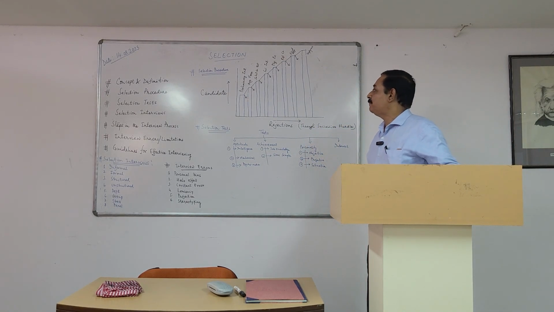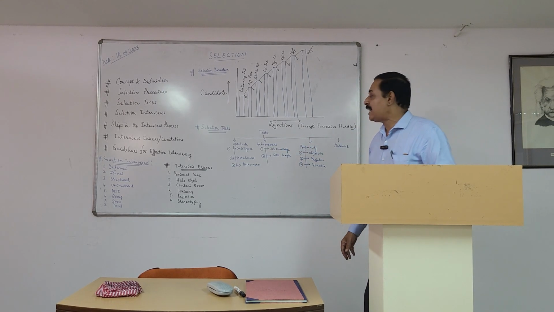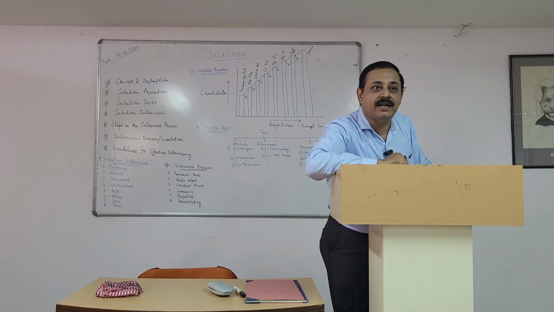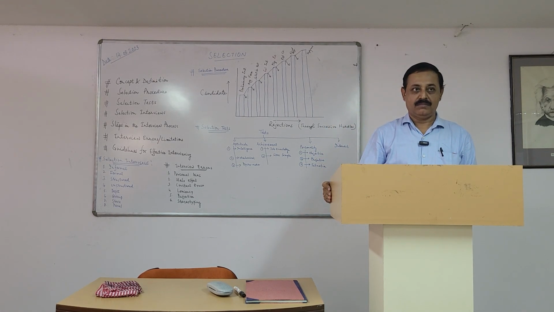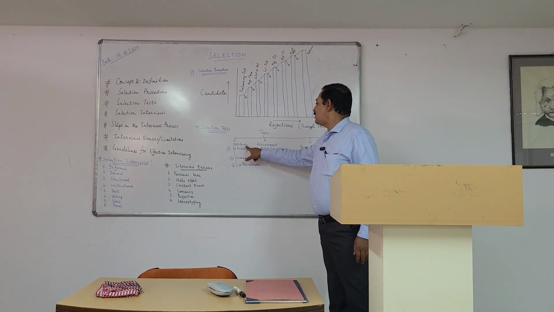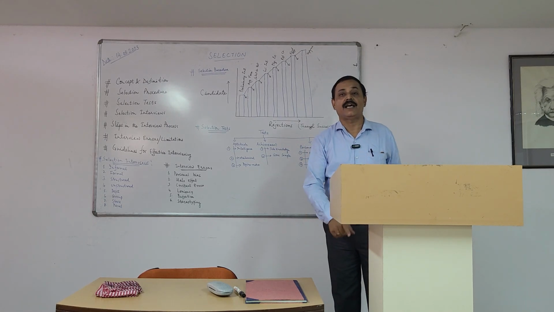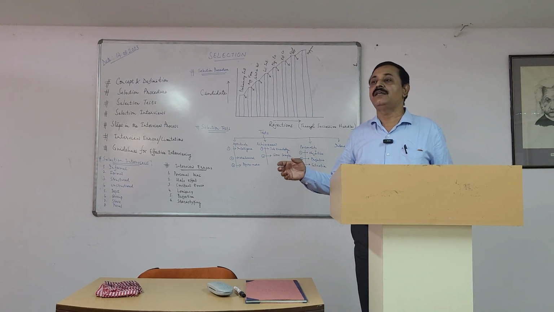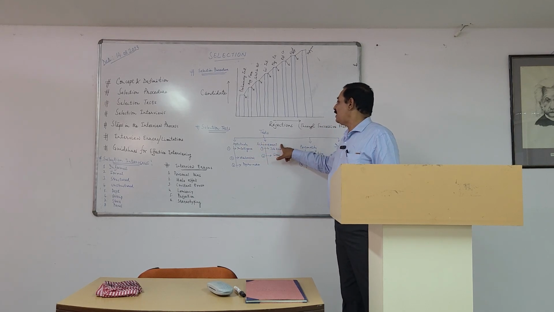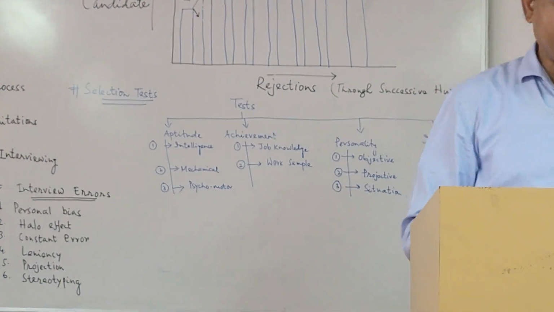You can find that there are several selection tests that may be conducted in order to select the right candidate for the organization. The tests can be classified as aptitude test, achievement test, personality test, and interest tests, broadly classified into 4 categories: aptitude test, achievement test, personality test, and interest tests.